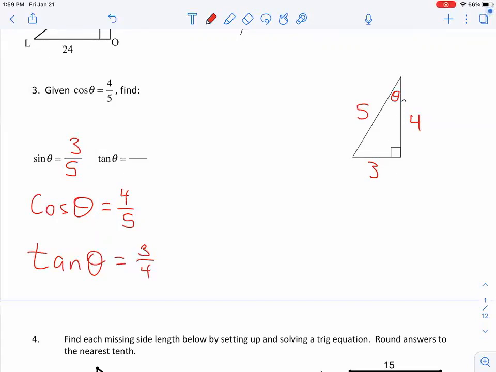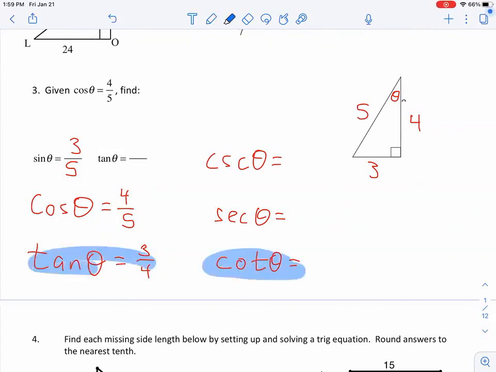Because if we can find the sine, the cosine, and tangent, we should be able to find cotangent, secant, and cosecant. I'm not even going to look up the definitions because remember the relation that the cotangent is just the tangent flipped over. So it will be 4/3. So the cotangent of theta is 4/3.